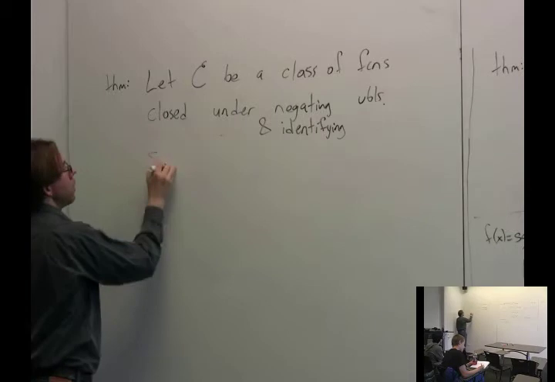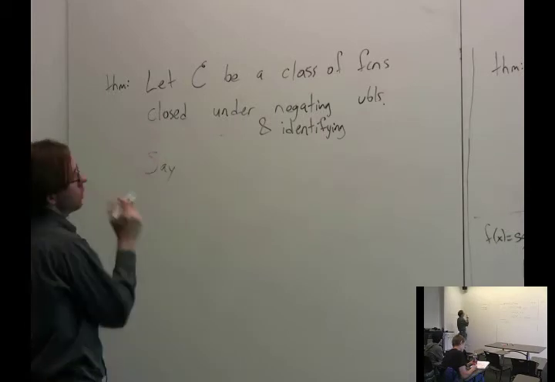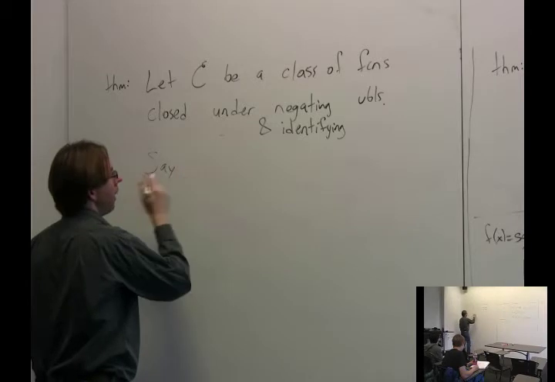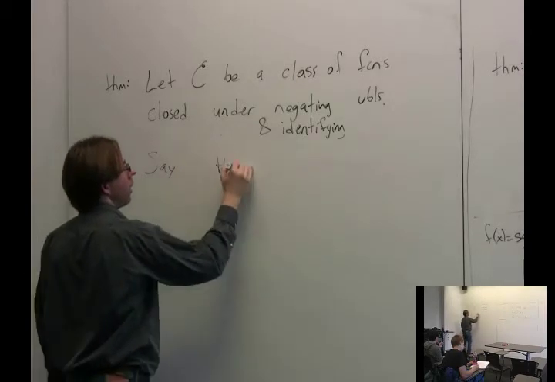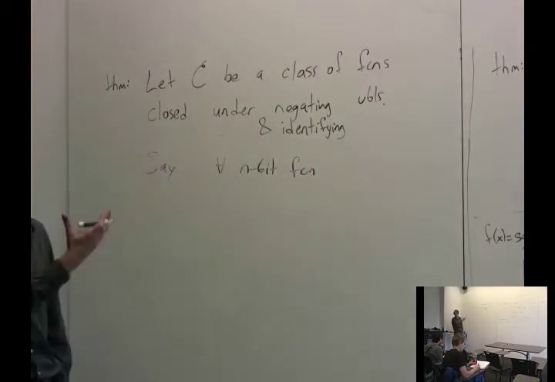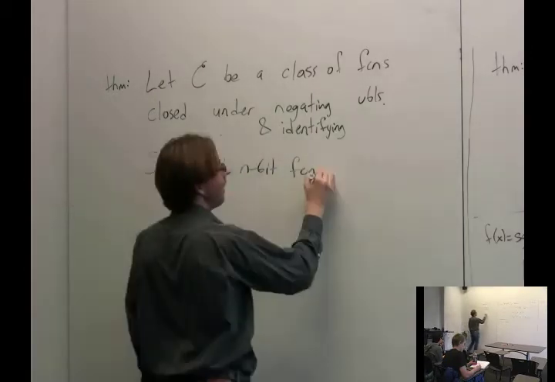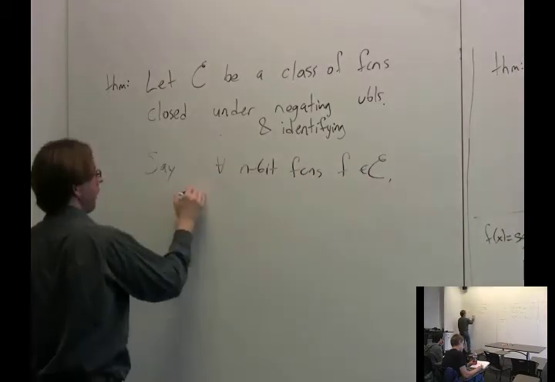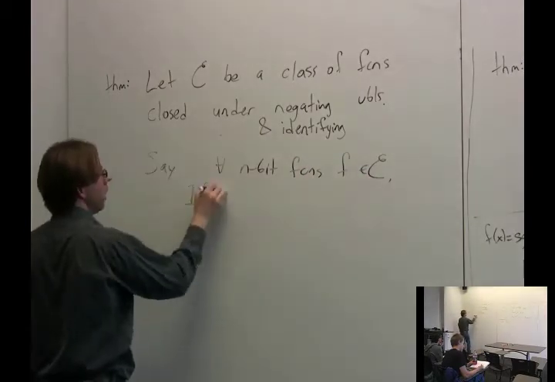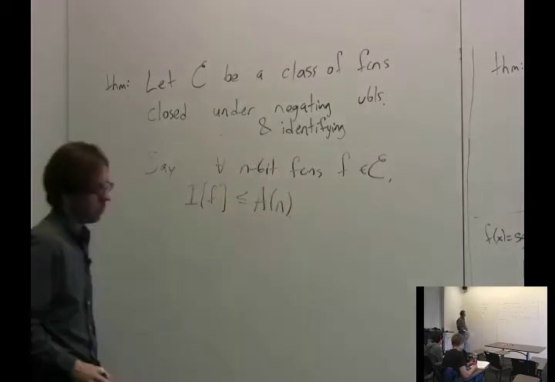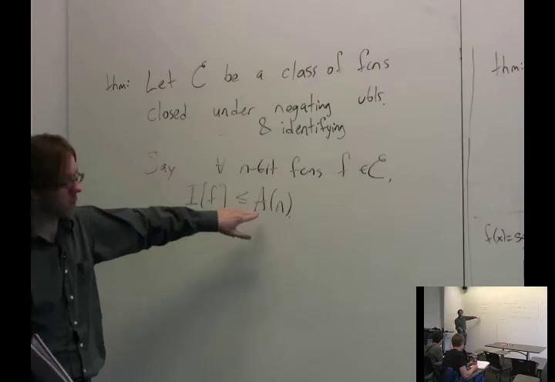And say you also know a good total influence bound for any function in this class. So say for all n-bit functions f in the class, the total influence of f is at most some function a of n. We're eventually going to apply this to the class of LTFs, in case you're wondering, with the function square root n.